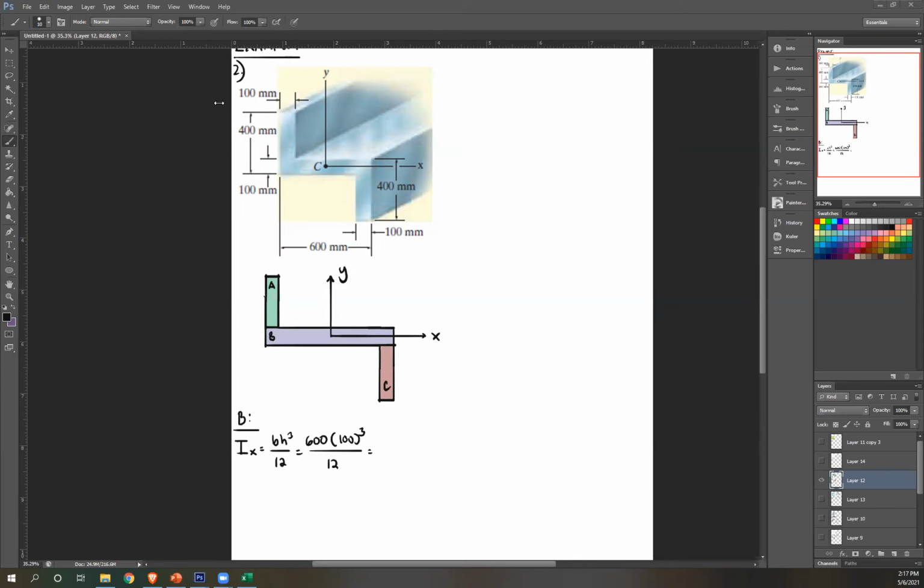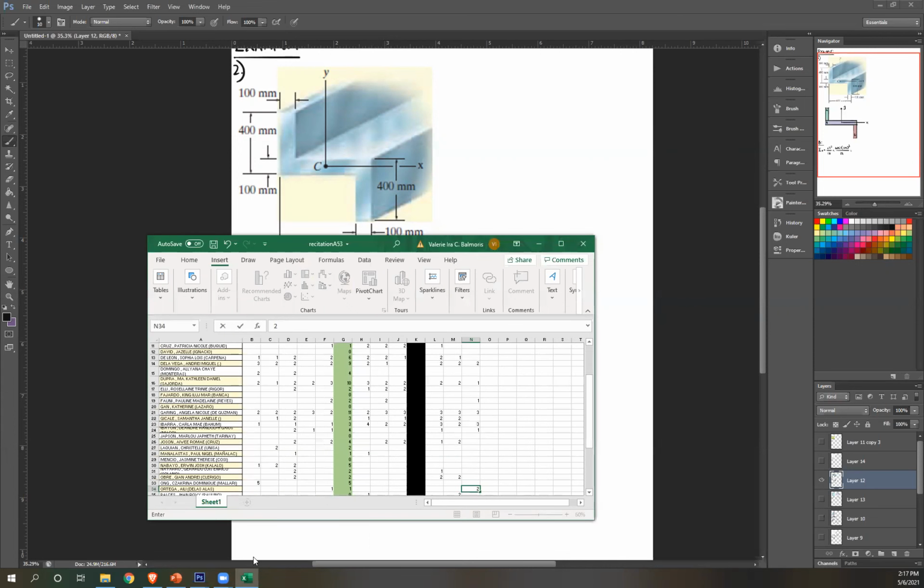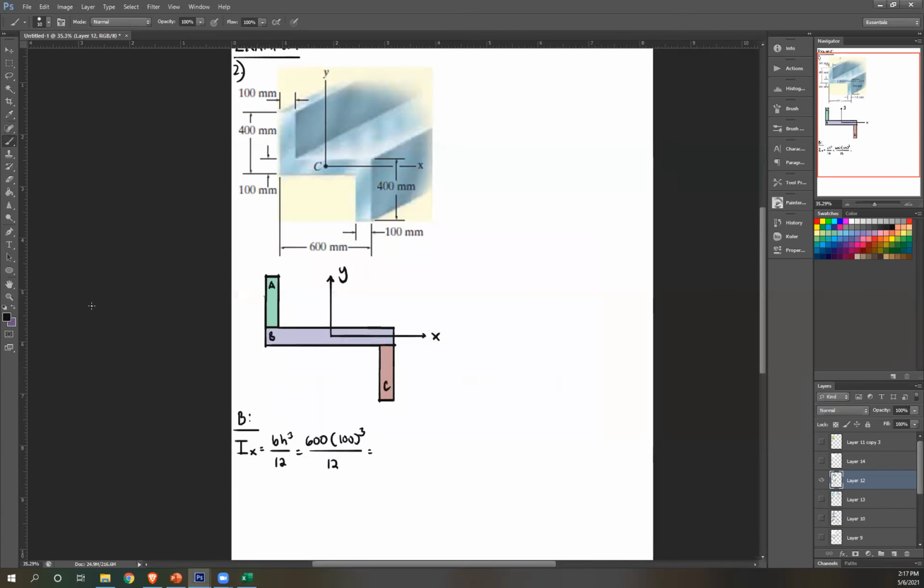Eiley already has 2 points, so I'll give it to Connie and Deluyo. Okay, so it's 5 times 10 raised to 7, or 50 times 10 raised to 6. So that's Ix for your B.